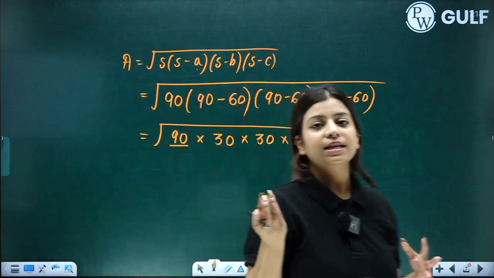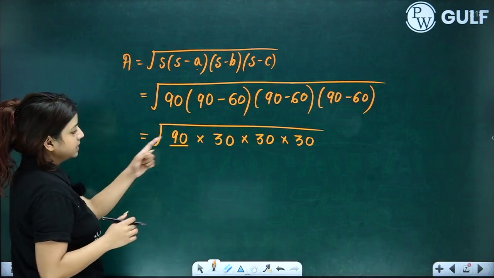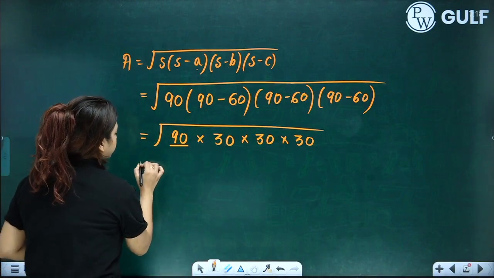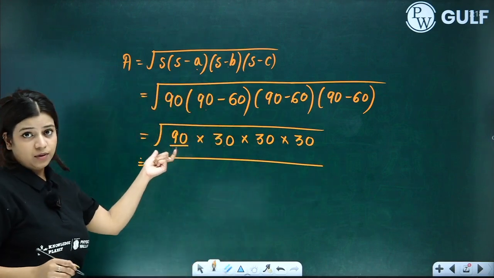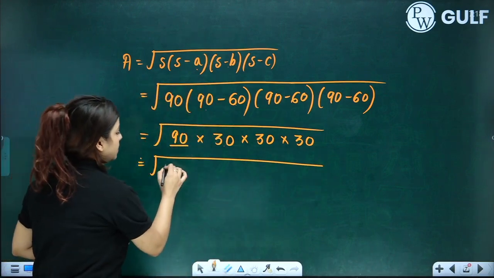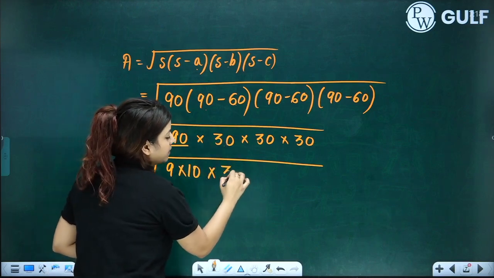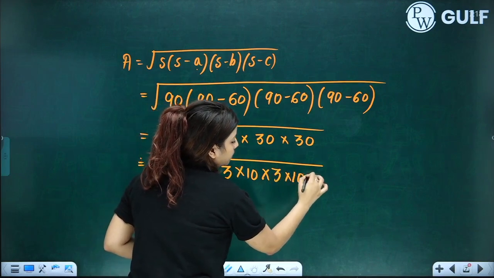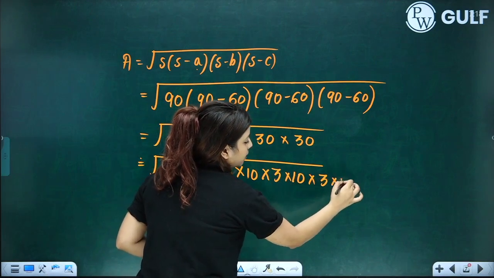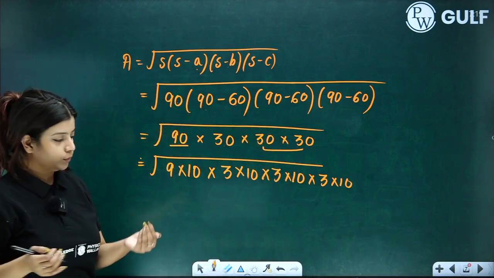So 90 can be written simply as 9 into 10. This 30 can be written as 3 into 10, 3 into 10 and 3 into 10. What you can also do is make a pair of it and take it out.